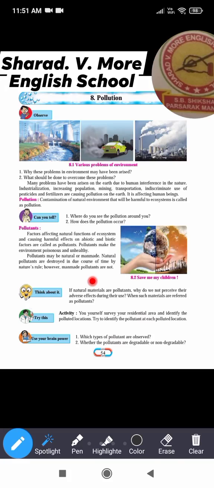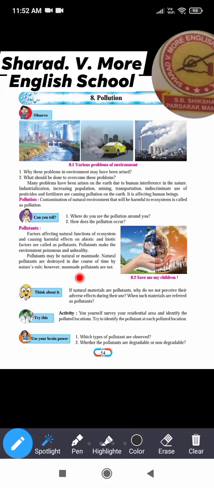The use of mercury and other heavy metals in different electronic devices is a man-made pollutant. And what we have learned in this paragraph is that man-made pollutants are not destroyed in the course of time.